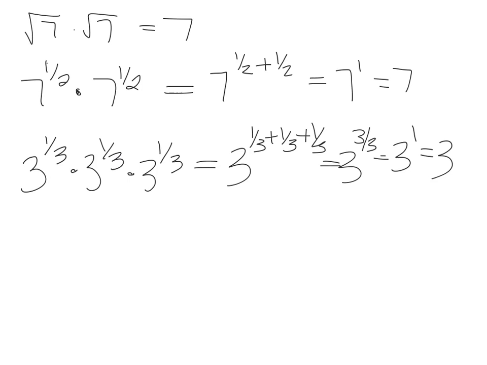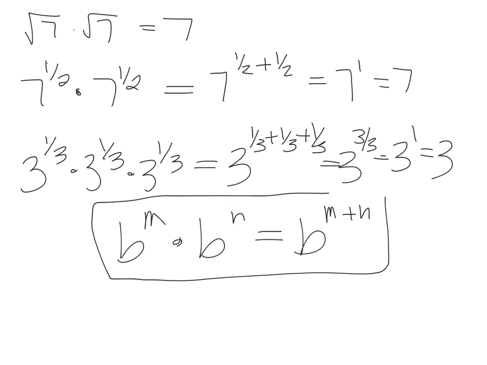Okay, our rule is b to the m times b to the n equals b to the m plus n. You need the same base. Okay, this has to be the same as this is, and that is, right? We have the same 7s. And then you can add the exponents. Sort of fun. But that's our rule.